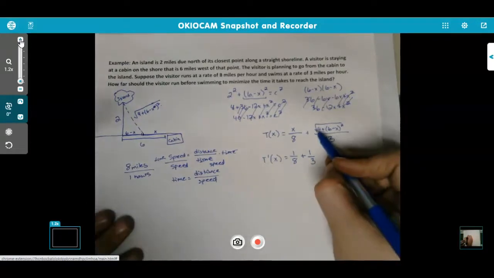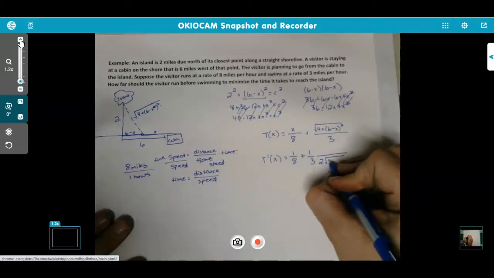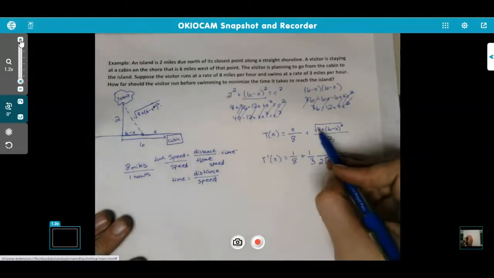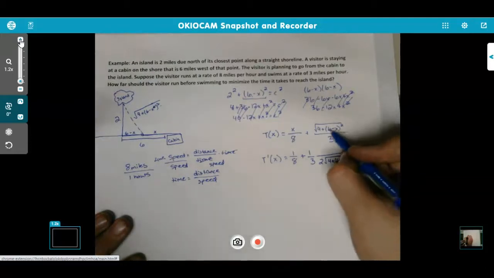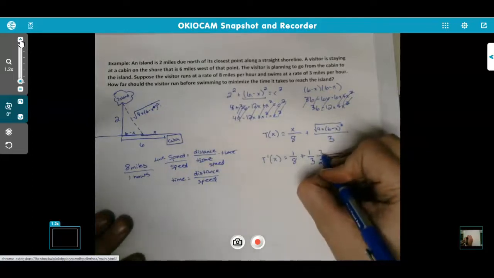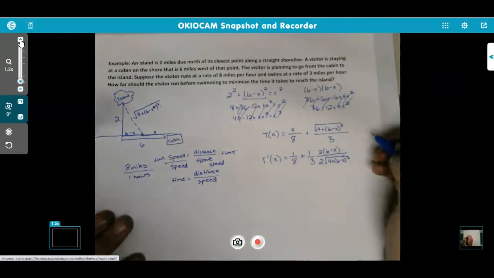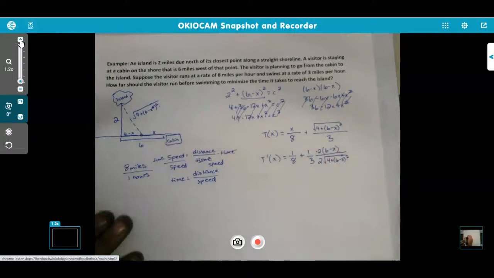Whenever I have a square root, it's 1/2 times that square root. But because of the chain rule, I also need the derivative of the inside stuff. The derivative of (6 minus x) squared needs the chain rule too. Bring the 2 down. Then the derivative of 6 minus x is -1, so I can just make that -2 right here. And I need to set that equal to 0.